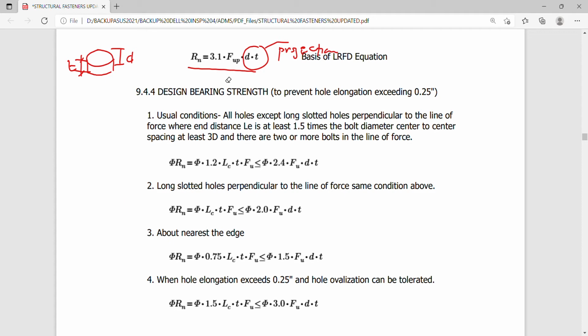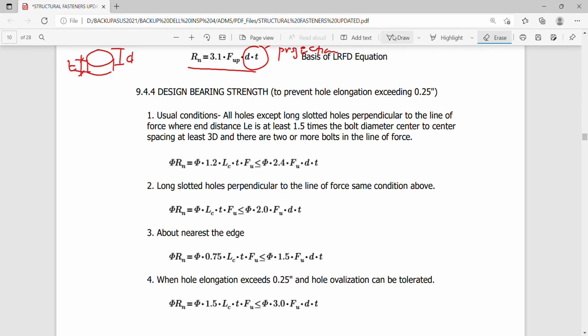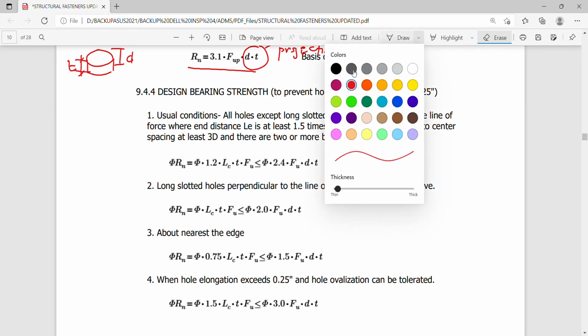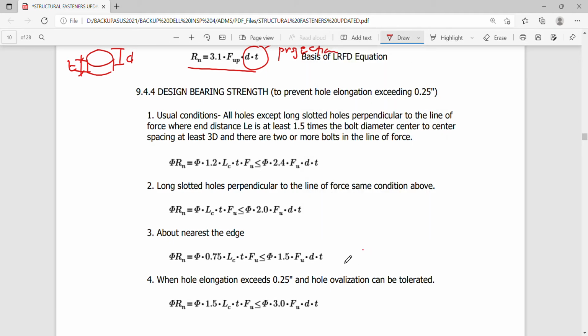So I'd like you to understand these cases in order not to be confused on the usual conditions, wherein, as I have told you, the edge distance LE is simply 1.5 times the bolt diameter, and the center to center distance is 3D.